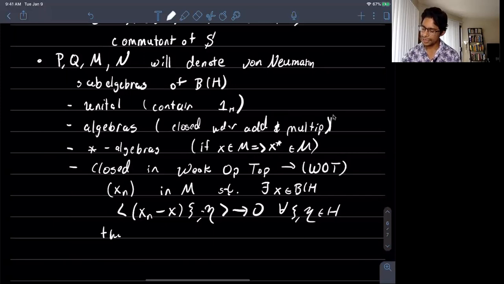Then it better be the case that X is also back in this algebra. So this is the closure property that we want.